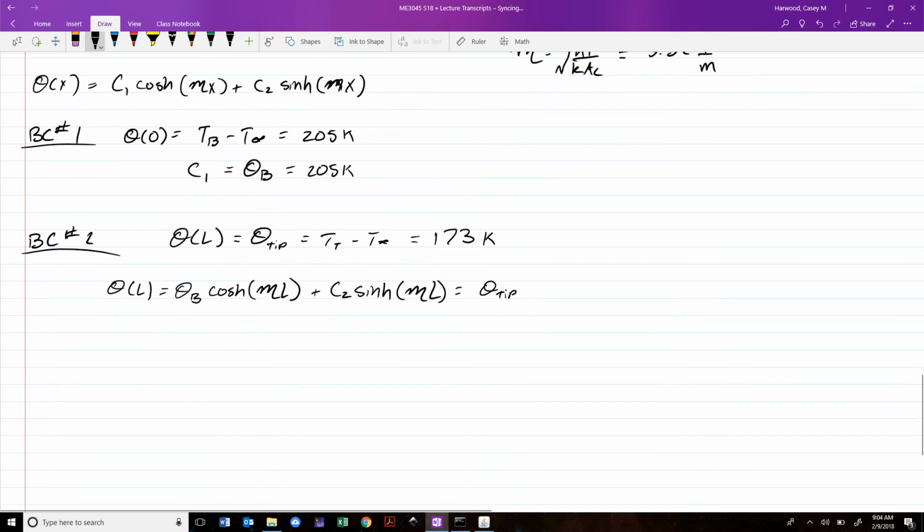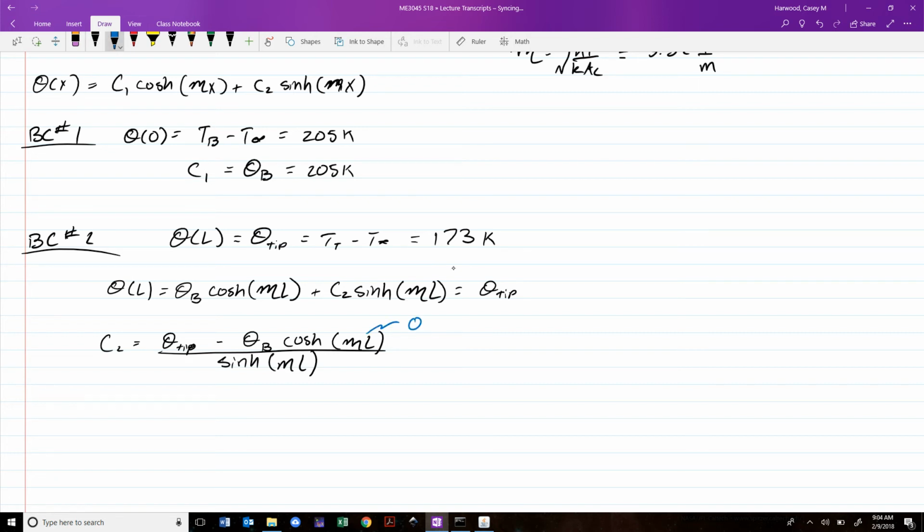So solving for C2, we end up with C2 equal to theta tip minus theta b cosh ml, all over sinh ml.